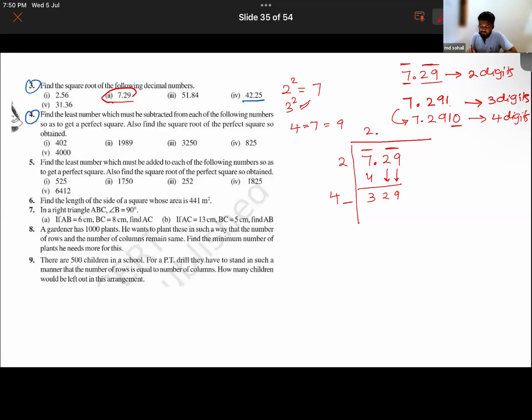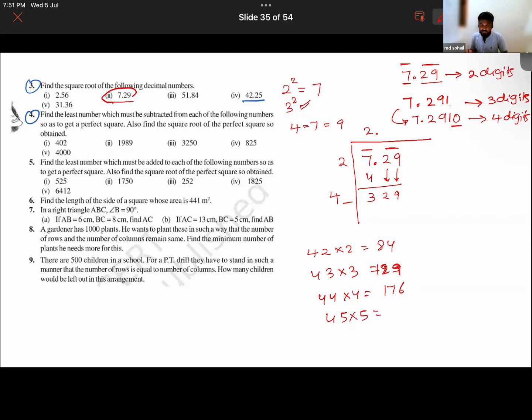Now think of which number shall we take here, 42 or 43, which will be equal to 329. It's 84. It's how much? 129 here. What about 44? Or what about 45, guys?